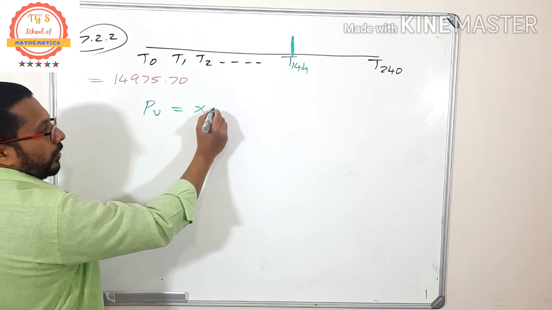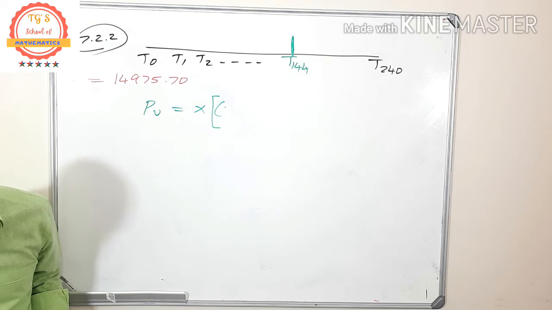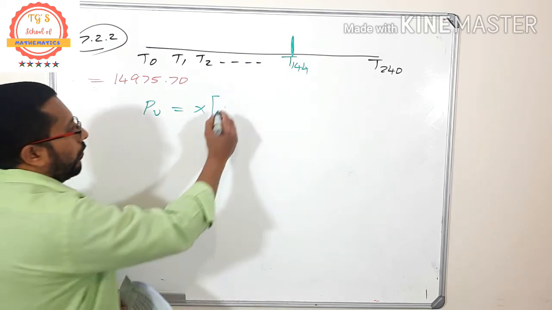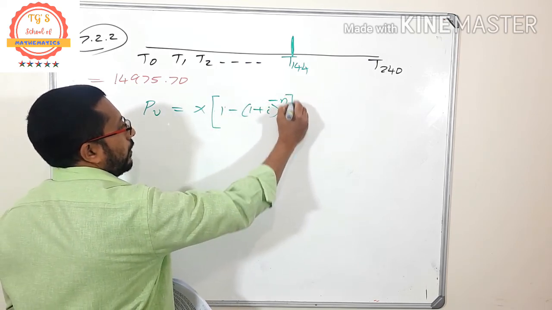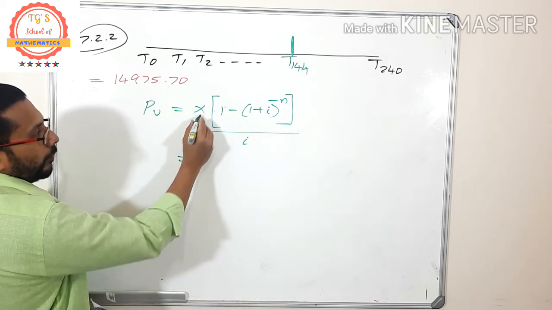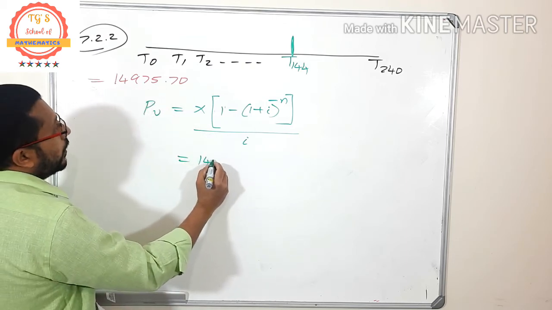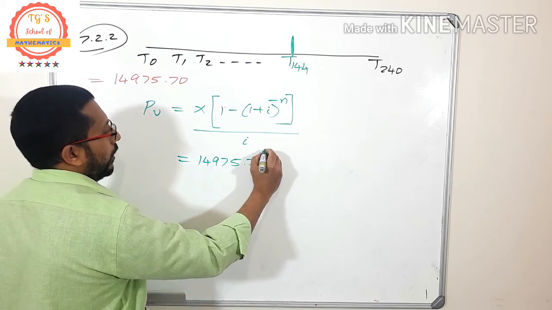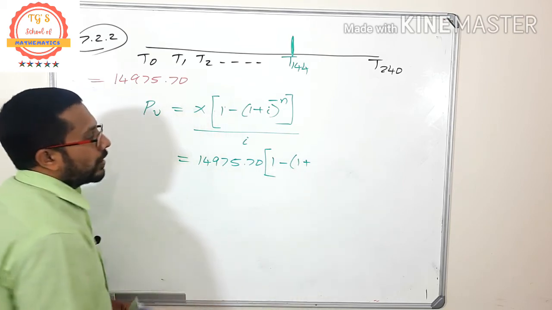Present value is equal to x into 1 minus 1 plus I, the whole raised to minus n, divided by I. Okay, so here what is the monthly installment? Previous question we already got, that is 14,975.70 into 1 minus 1 plus, what is the interest rate?